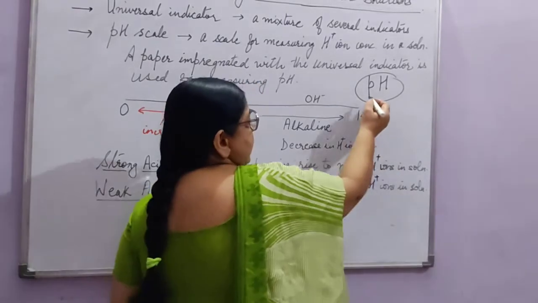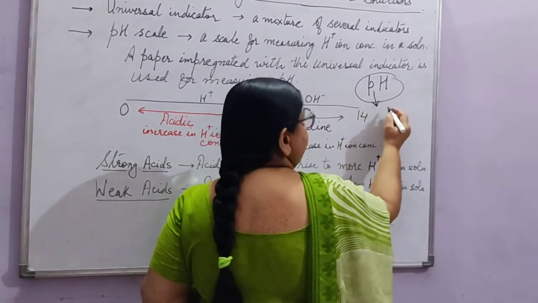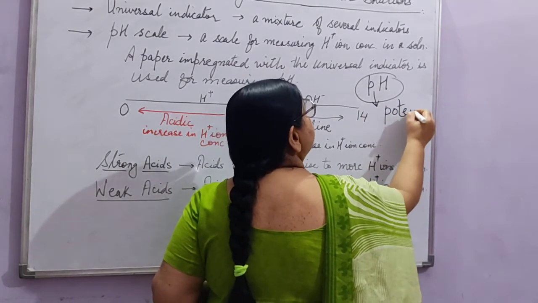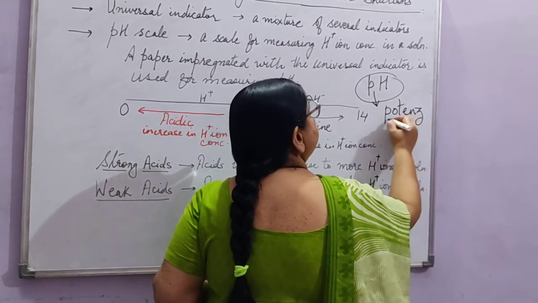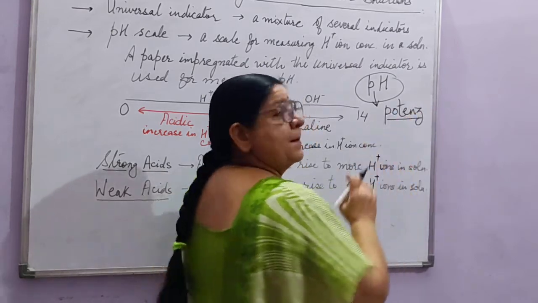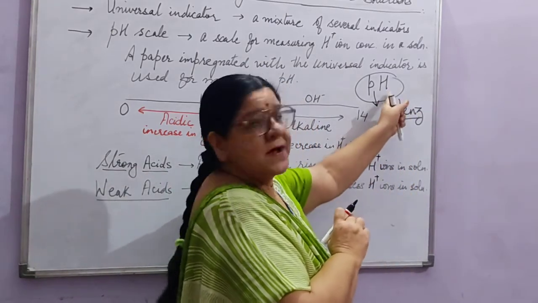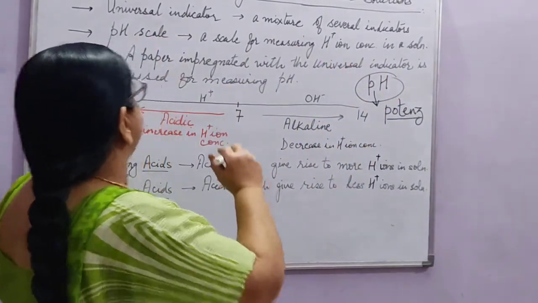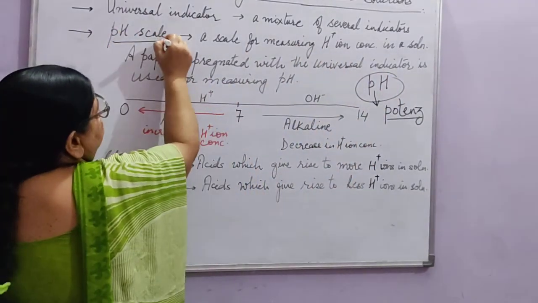This P actually comes from a German word which means potence, or we can also say power. Power of hydrogen. Now what is a pH scale?